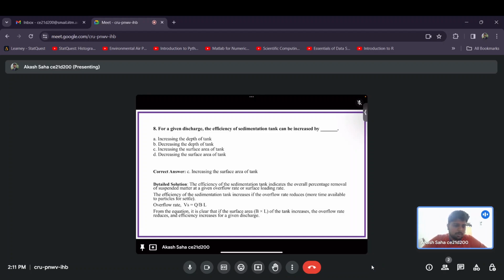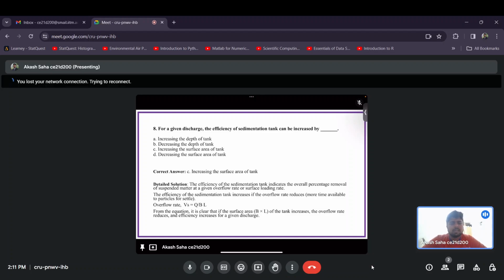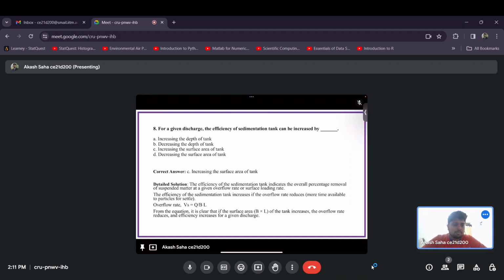We have to keep in mind that by reducing the overflow rate, I am doing nothing but giving more time in my system for the particles to settle down. If this happens, then more efficiency will be obtained for the removal of the suspended matter, because here we are talking about the sedimentation tank. I hope you understood the problem.